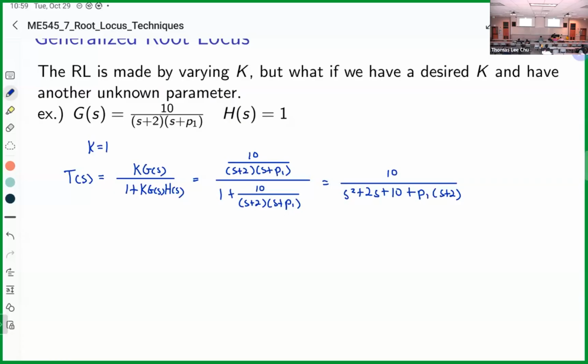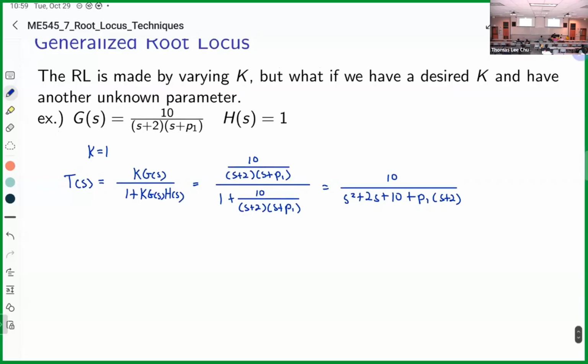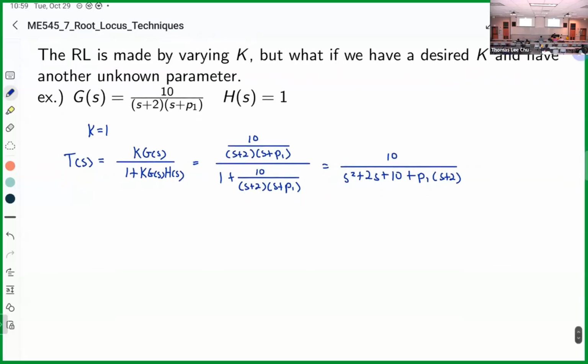All right. So what we're trying to do is isolate this unknown here. So then we're going to divide, seems a little backwards, but we're going to divide everything by s squared plus 2s plus 10, which is this term here.